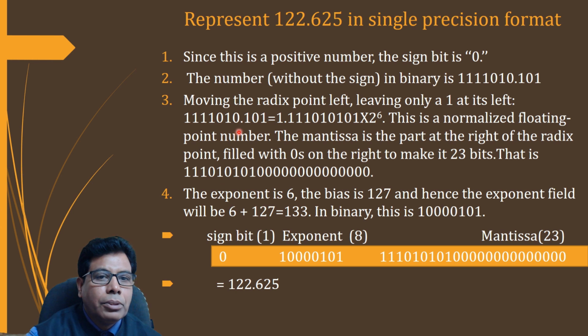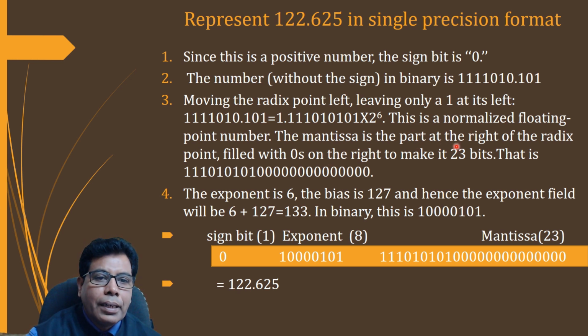So we'll have to shift the radix point. Now this radix point moves 1, 2, 3, 4, 5, 6 positions. So when we change it to this position, we'll get 1.111010101, multiplied by 2 raised to 6. So this is the normalized floating point number.